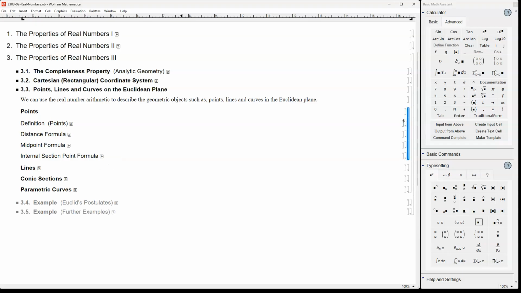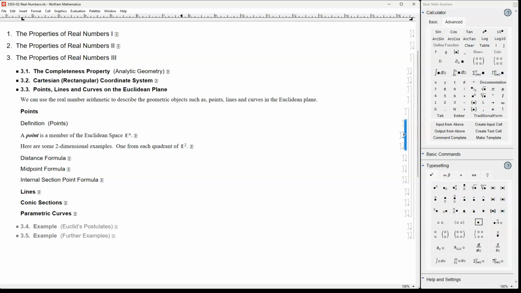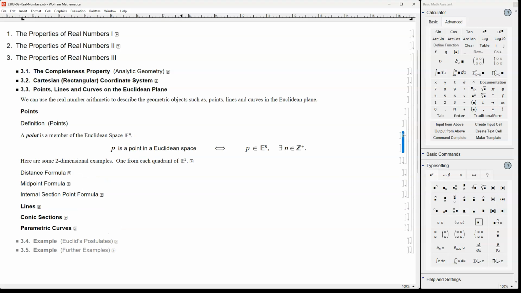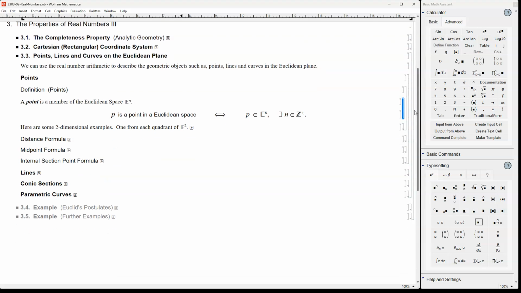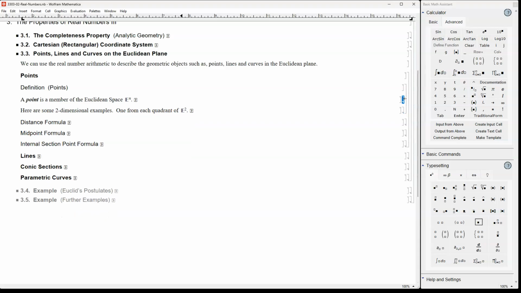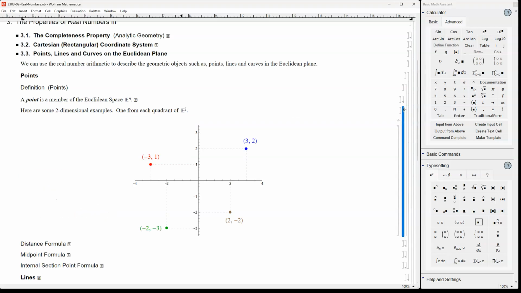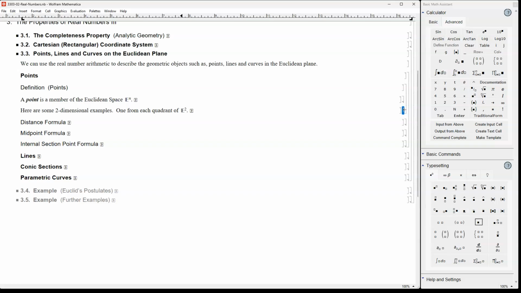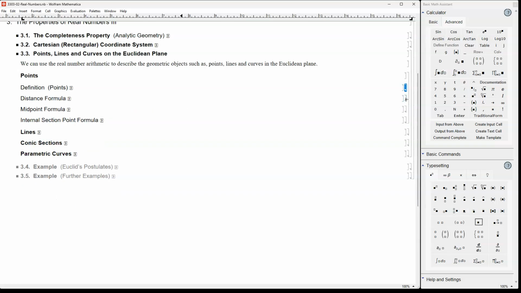Here's some examples. Points. A point is a member of Euclidean space. In general, n-dimensional space, but usually two-space so that we can see.